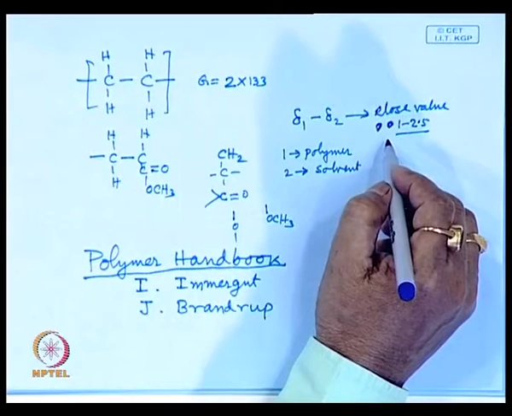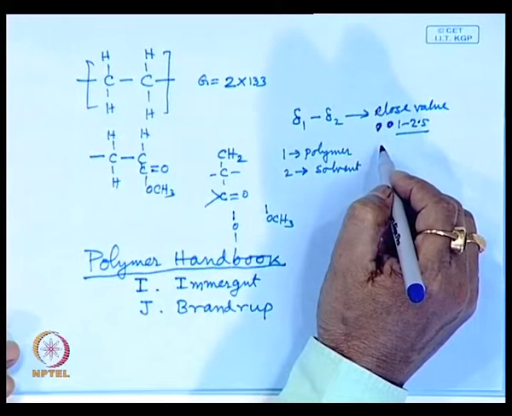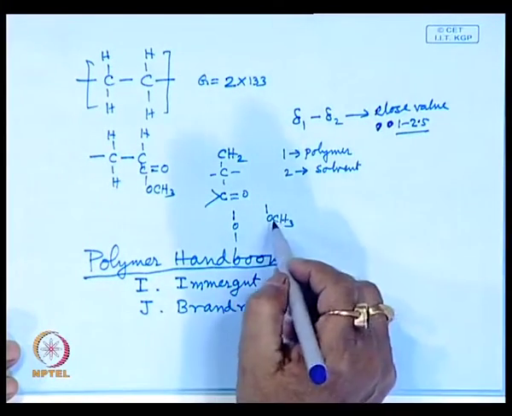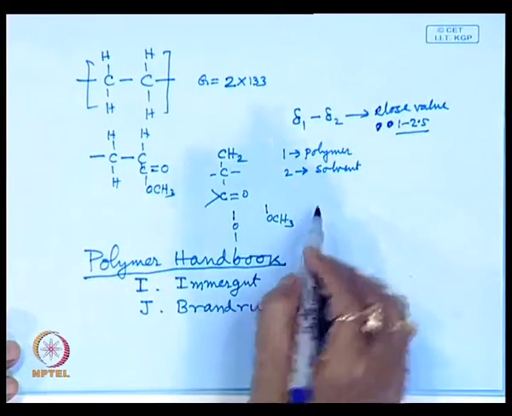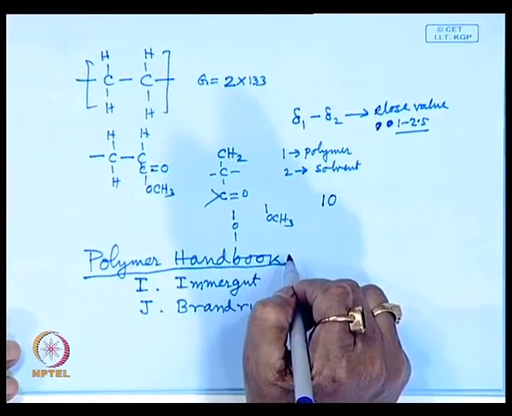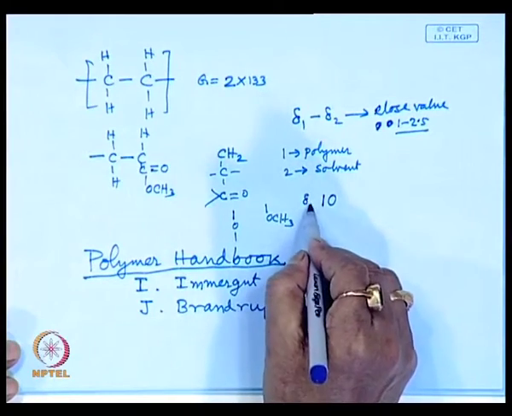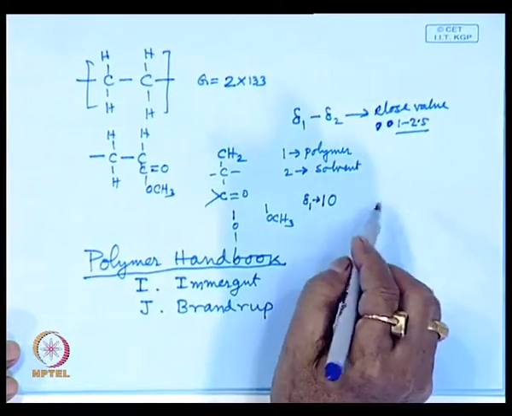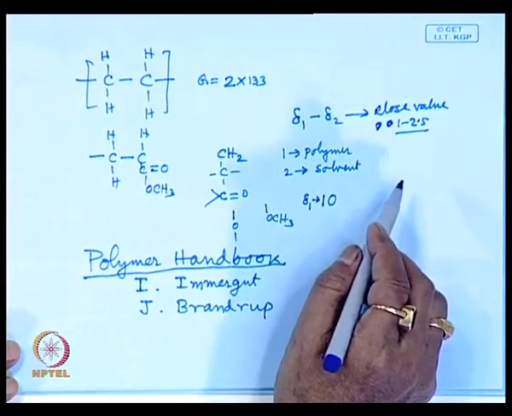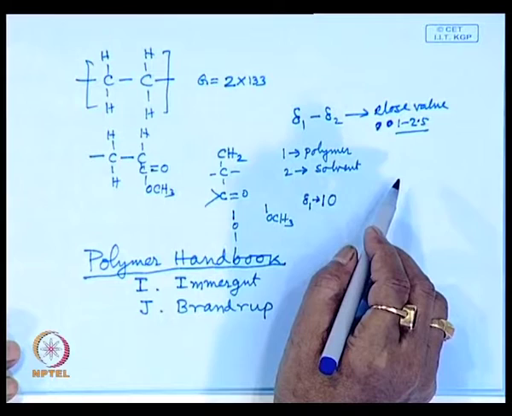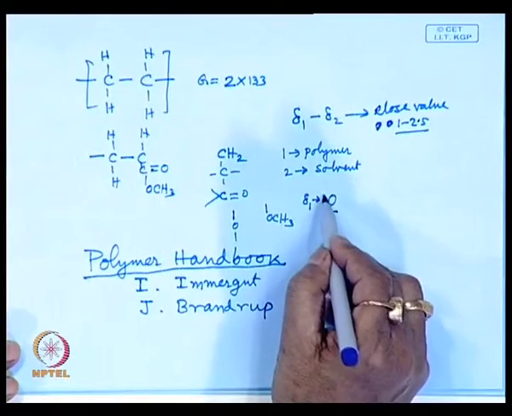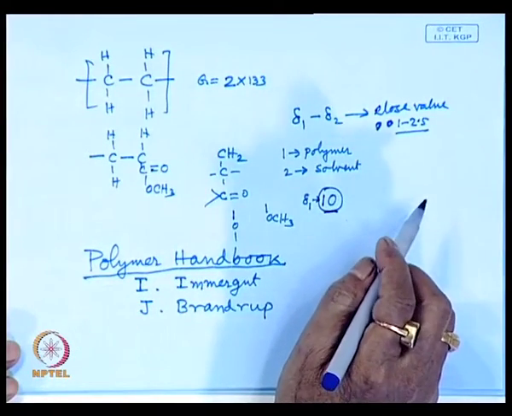If the solubility parameter is almost identical, then that solvent may be a good solvent for that polymer. So, if you know the solubility parameter delta value for your polymer, suppose it is 10, then you should find out a solvent whose solubility parameter is close to 10, say 10.5 or 11 or 11.5 or even 12. So, if you find a solvent whose solubility parameter is close to this 10, then you can select that solvent.